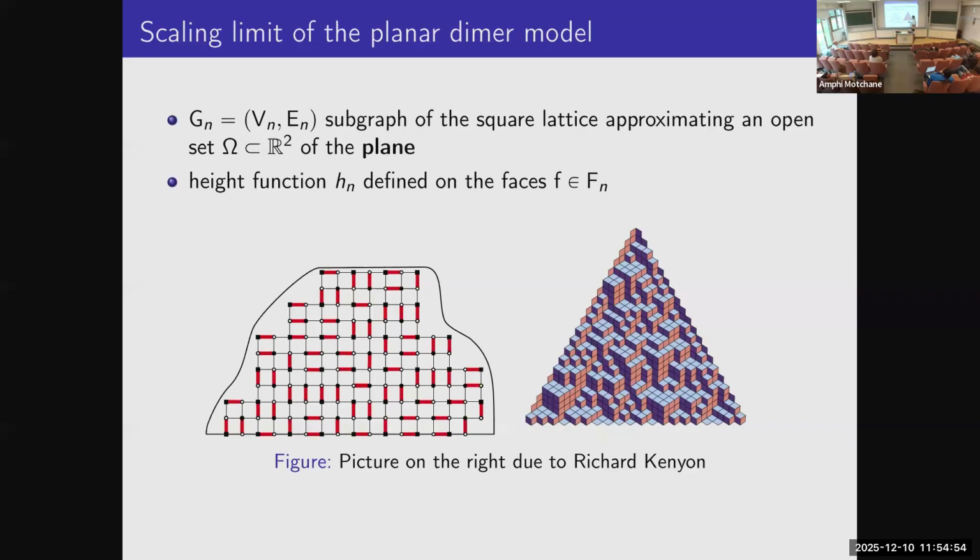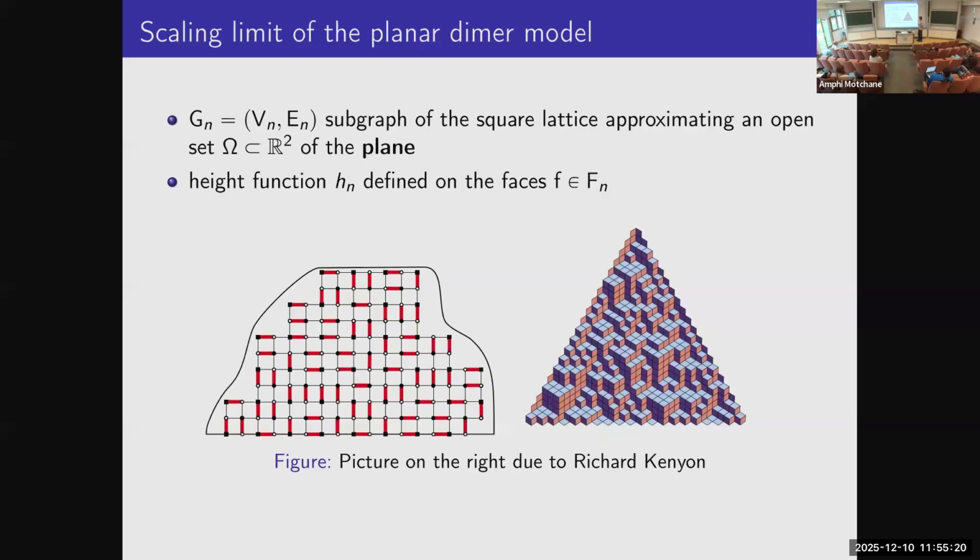So I have a domain here, which is some open set of the plane. And this domain is approximated by some graph. Here it's a subgraph of the square lattice with a small mesh, so small edges. And when the mesh goes to 0, this subgraph approximates the set.